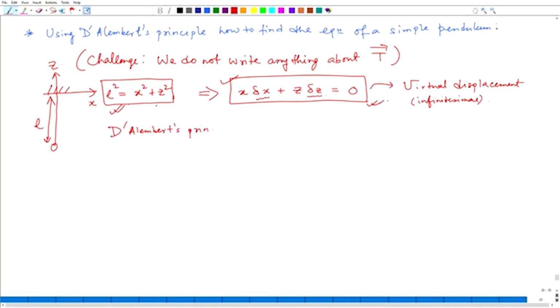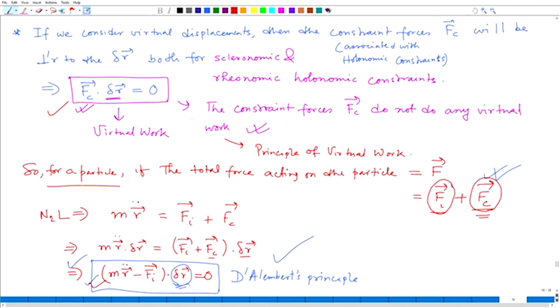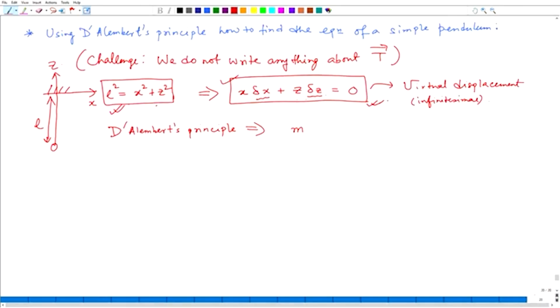D'Alembert's principle gives, so you just have a look. This is D'Alembert's principle, m r double dot minus f I. Here what is f I? F I is simply the weight force, and that is along the z direction, but downwards, so along minus z direction, g is in this direction.